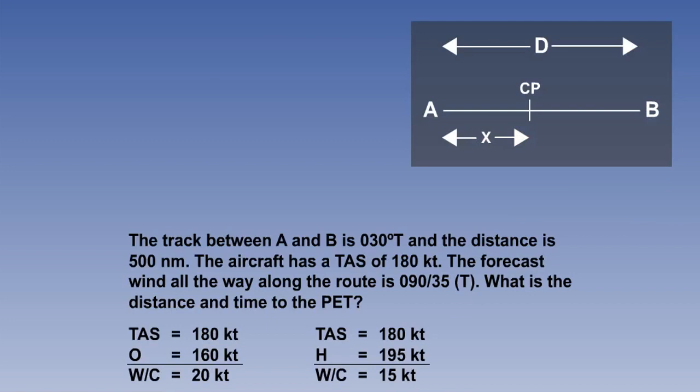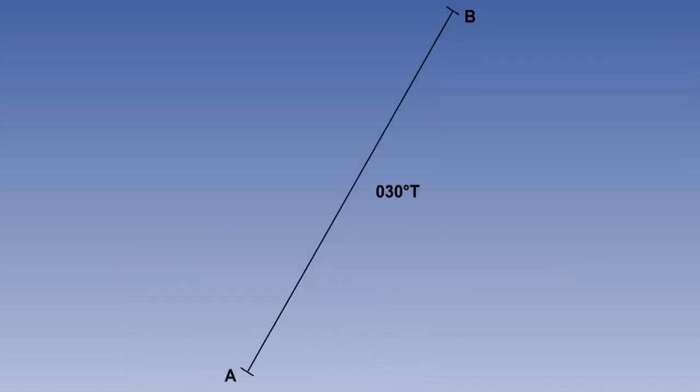The TAS was 180 knots. Notice that O was 160, giving a 20-knot headwind component. H is 195, giving you a 15-knot tailwind. This becomes obvious when we look at the triangle of velocities. The outbound track is 030.